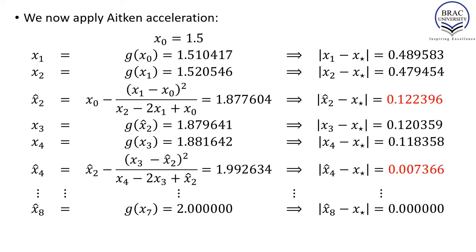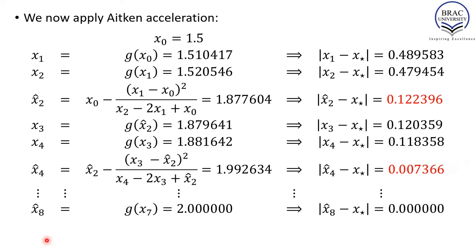Now in the next iteration we use this value of x2 hat here and compute x3. That means x3 will be g of x2 hat, that is our new x2, and we compute x3 and x4. Now we accelerate x4, which gives x4 hat, and we get a new value, which is 0.007366.